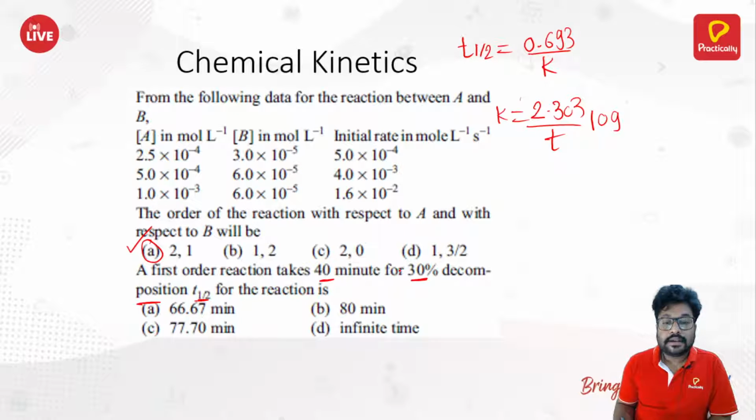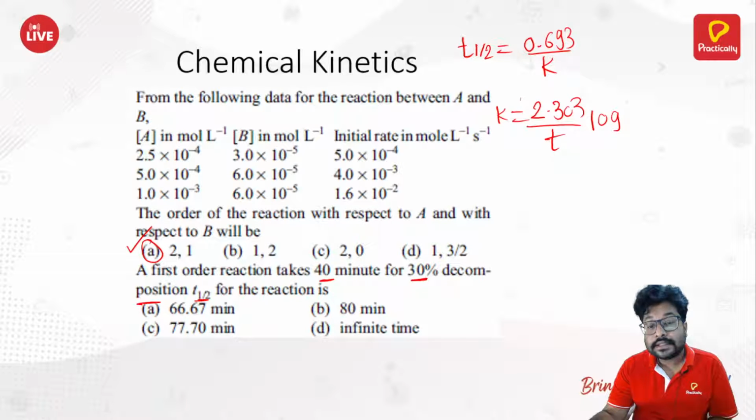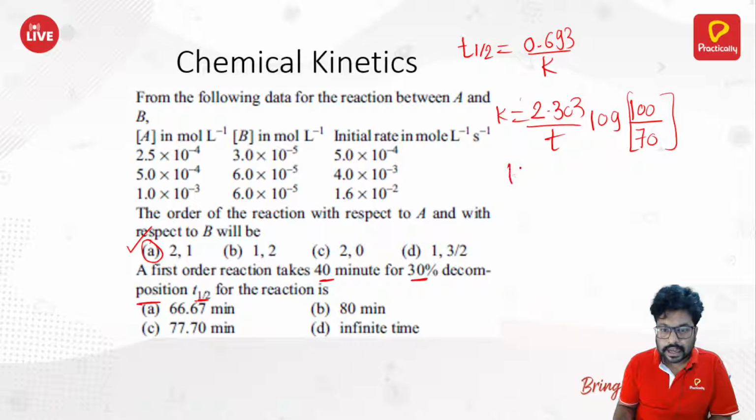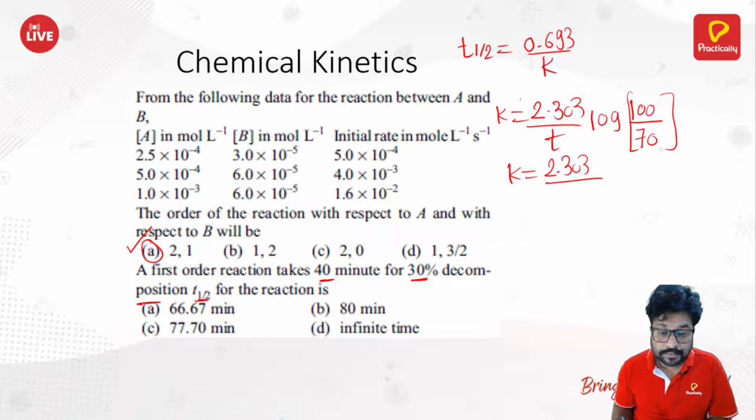So they are saying 30% decomposition. That means 30% has got decomposed. What is remained is 70%. But initially it has to be 100, right? 100 minus 30, it is 70 now. So K is equal to 2.303 divided by 40.